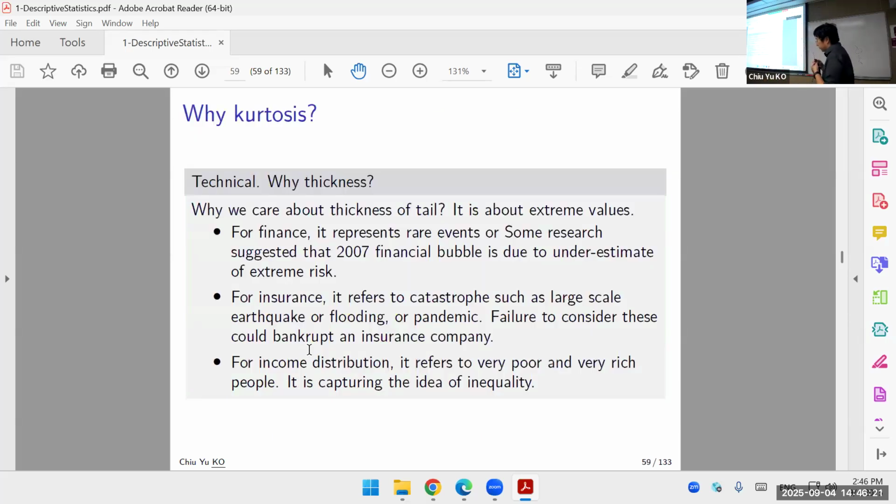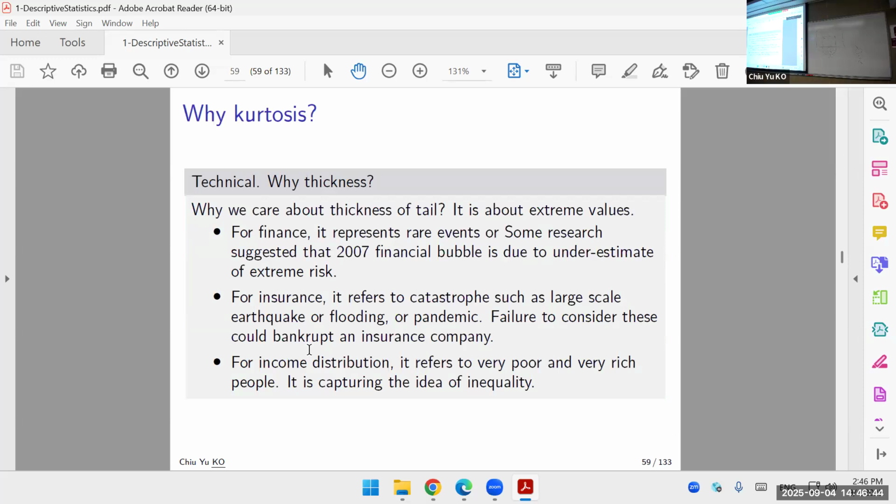So now I guess the formula is not very important, but rather why we care about that, right? And as I said, in the financial crisis they forget about the extreme risk, right? Because kurtosis is the chain reaction between the whole systematic risk.